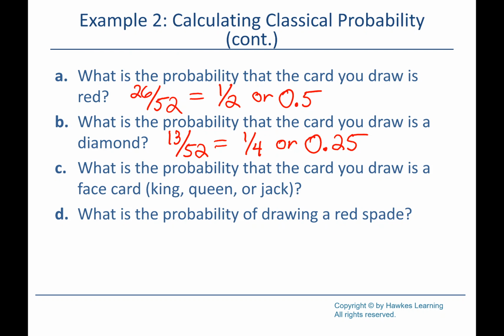So 12 cards in our event, face card, out of 52 total cards. So let's see, 3 out of 13. I have no idea what that is as a decimal. Let me check. It's about 0.231 as a decimal, if you want to use a decimal.